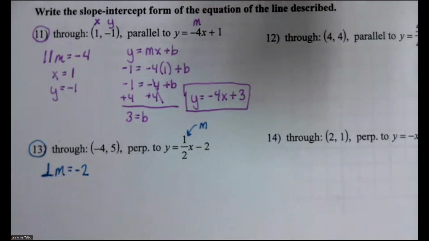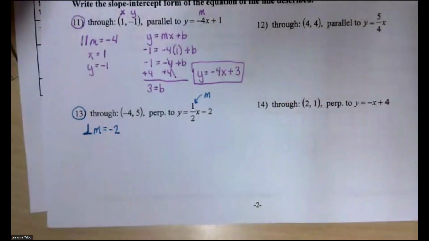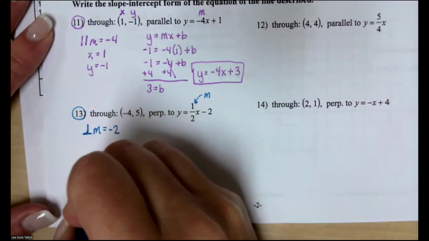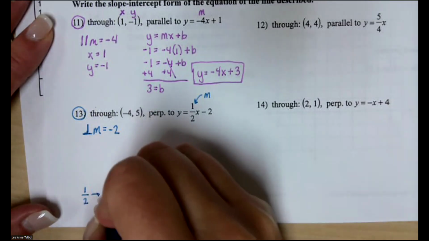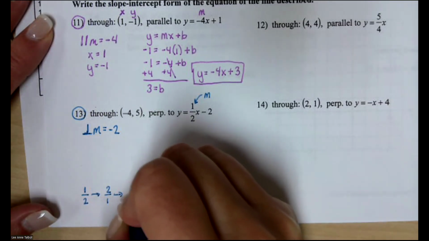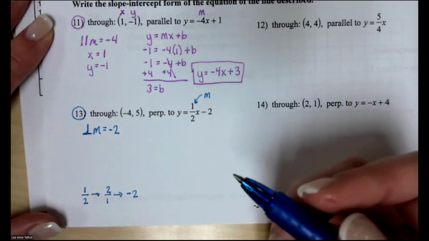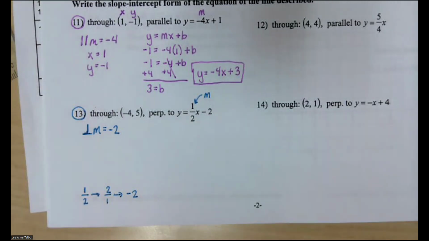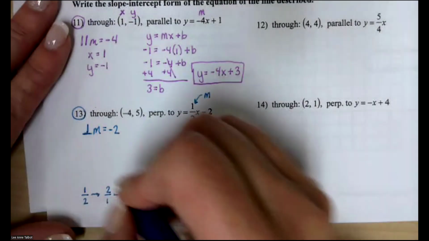If you want to, down here you could go 1/2 goes to 2/1, which goes to -2, and the -2 being that it has to switch the sign also. So there's your flip, and then there's your switch sign.